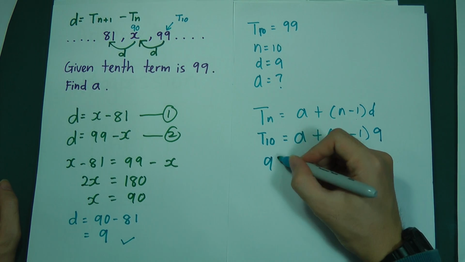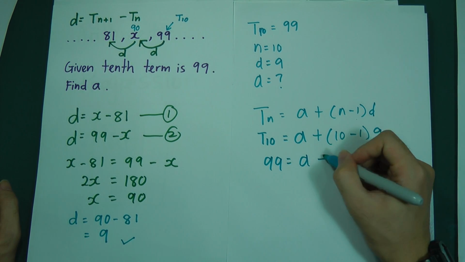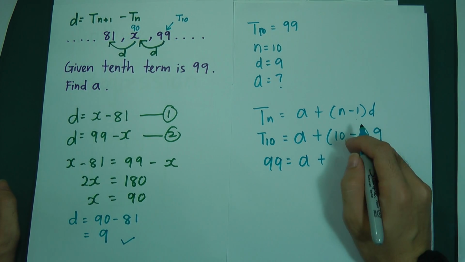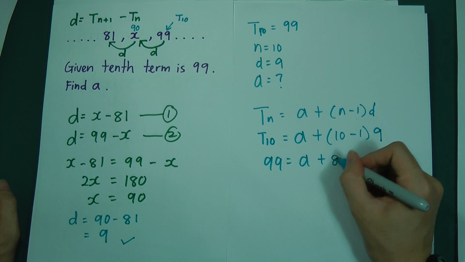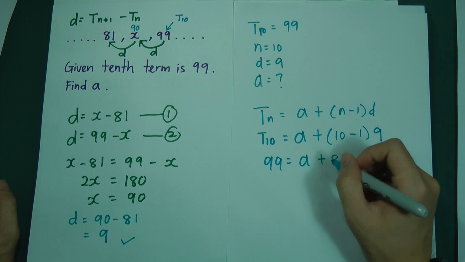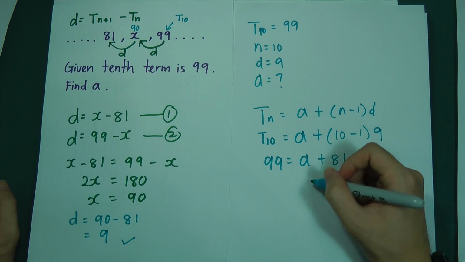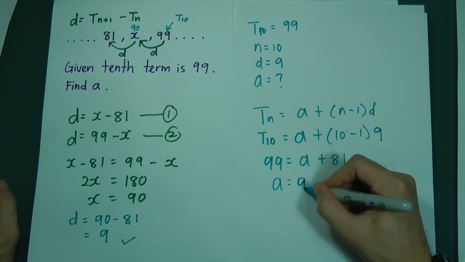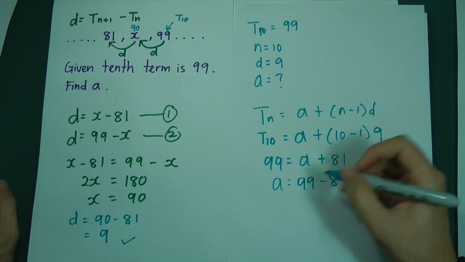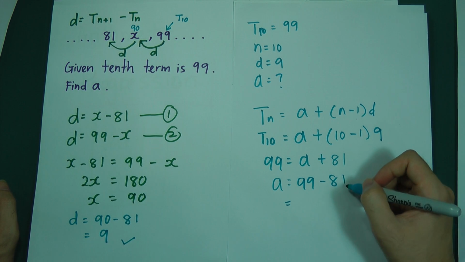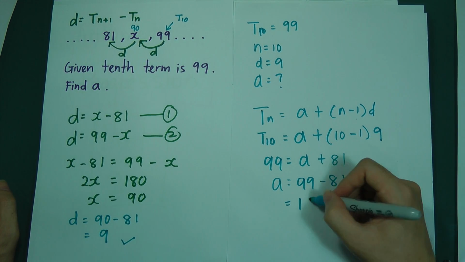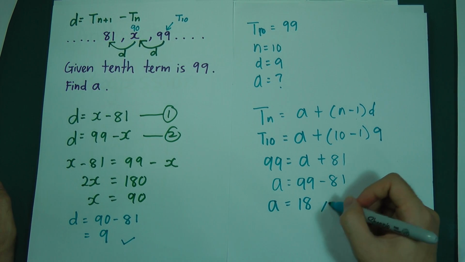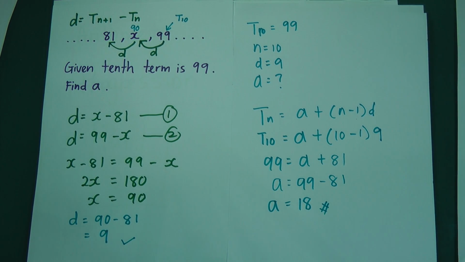So 99 will equal to A plus 9 multiplied by 9, we got 81, plus A. Therefore, A will equal to 99 minus 81. Therefore, the first term is 18.